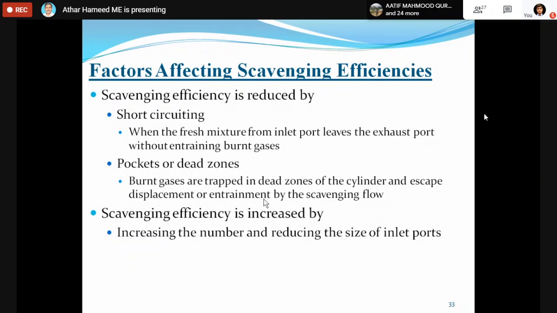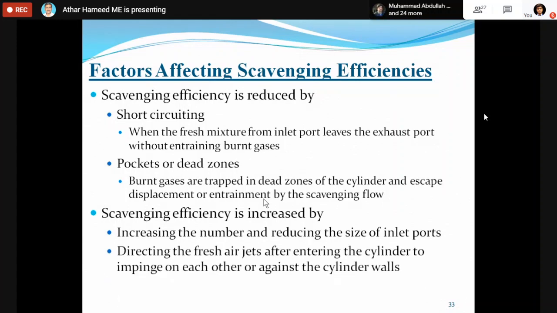Of course, when we increase the number, at the same time we need to reduce the size of the inlet ports, so that air enters from different ports. We have more area for entering the fresh charge inside the cylinder instead of making one big transfer port.